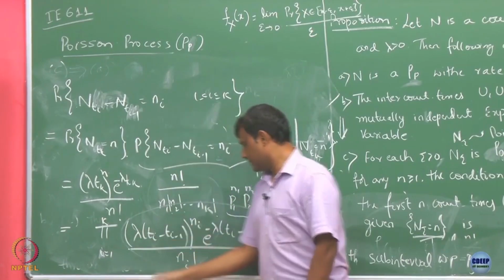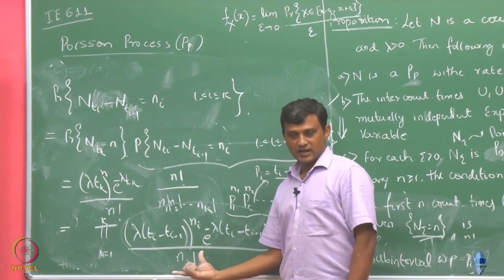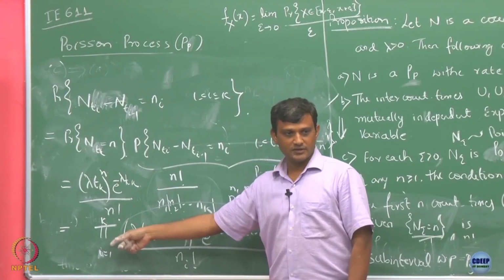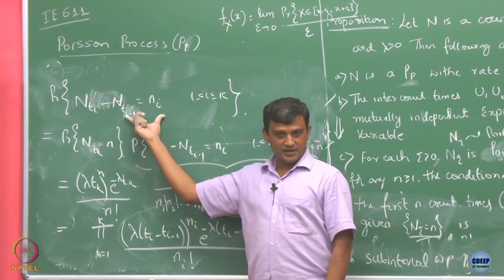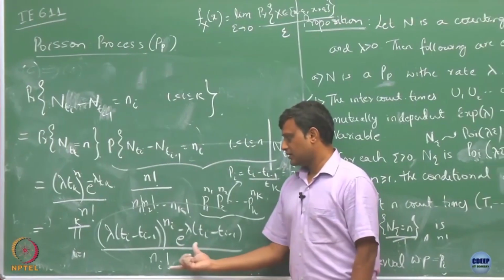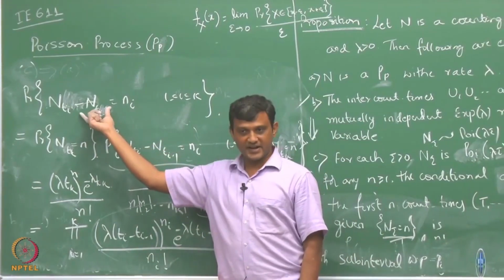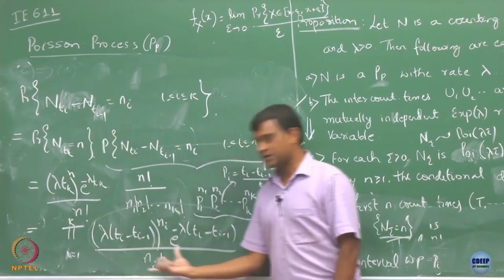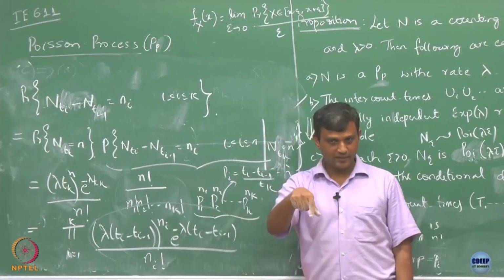But now I am able to write all this as a product of all these k values. So that means what we have done is, this probability is nothing but the product of probabilities of these increments, right? I am able to express these increments as the product of probabilities. Each probability term here corresponds to a Poisson random variable.